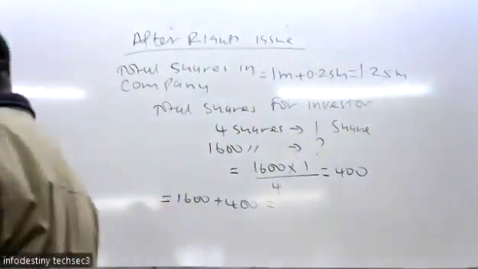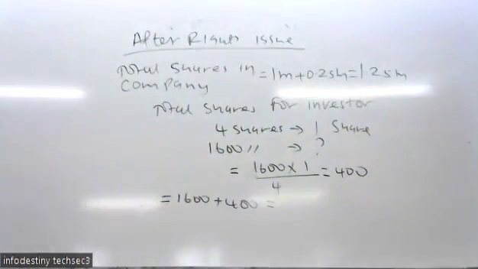So option 1 is exercise all his rights. Remember, I had calculated the percentage of ownership of the investor and the wealth status of the investor before the rights issue.